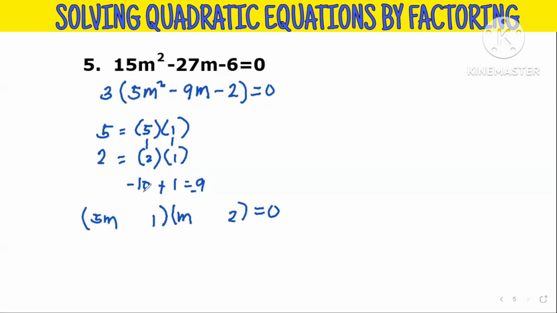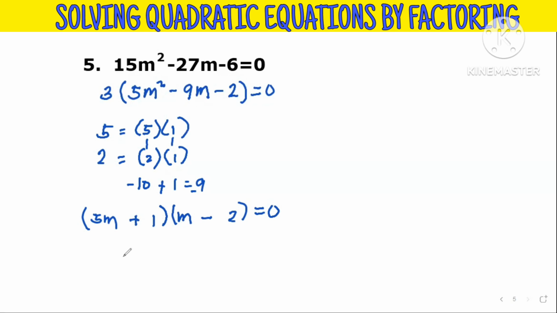Oh, since dapat ay negative 10, ito yung 10 natin, yung outer terms. So, dapat dito ang negative 2. And this one is positive 1. So, again, since the last term is negative, talagang dapat magkaiba sila ng sign, no? And if you check, no, the inner term is 1m and the outer term is negative 10m. Pag kinombine nyo, negative 10m plus m will give you negative 9m.